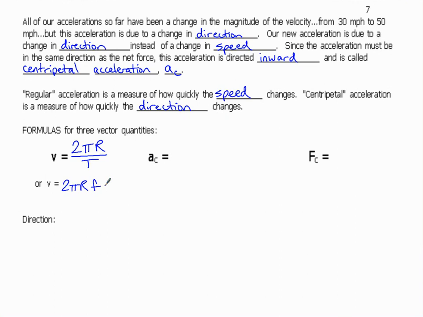The formula for centripetal acceleration is the velocity squared divided by the radius. The centripetal force uses Newton's second law, the mass times the centripetal acceleration.